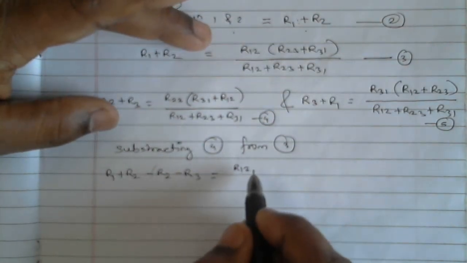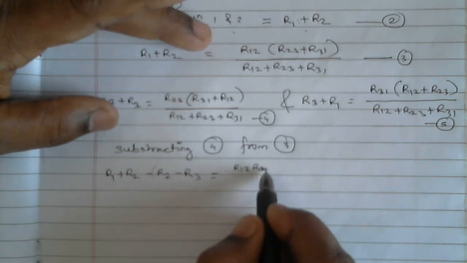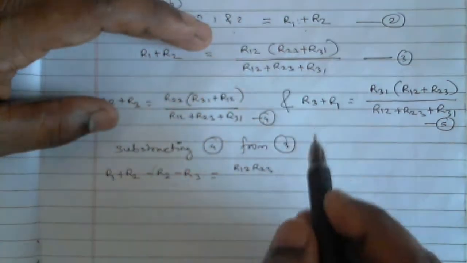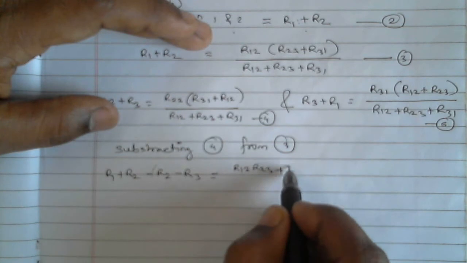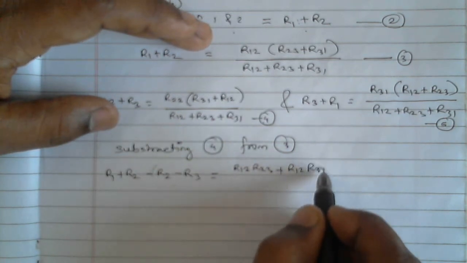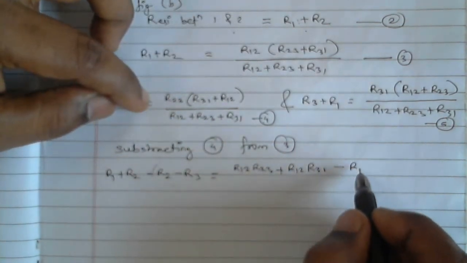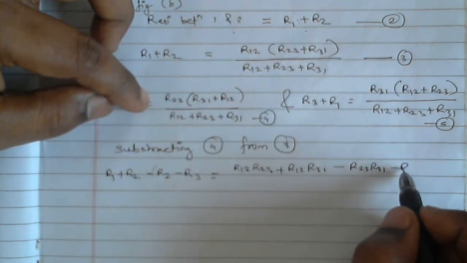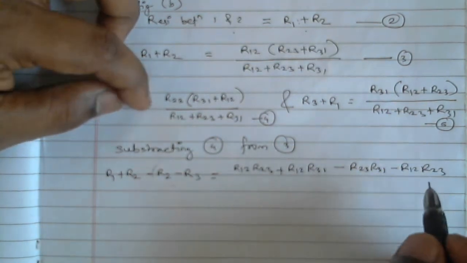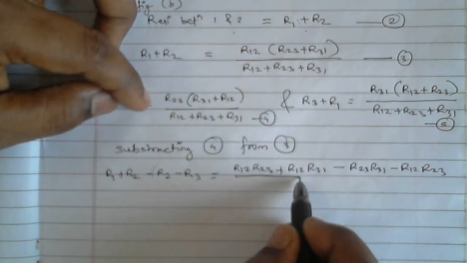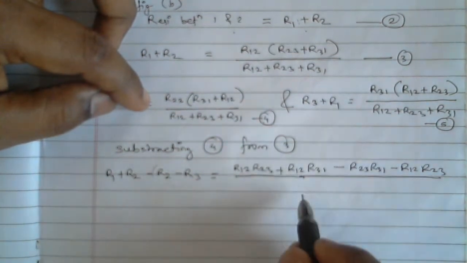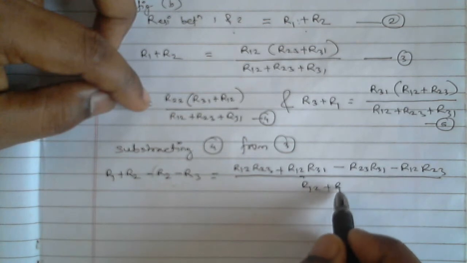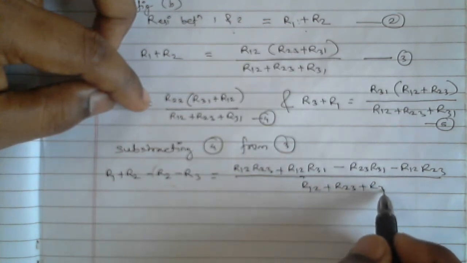R12 into R23, I will open the bracket here: R1 R23 plus R1 R31 minus R23 R31 minus R1 R23. Denominator is the same, that is R12 plus R23 plus R31.